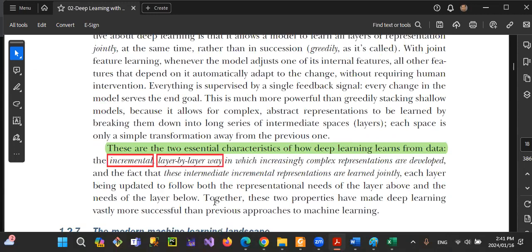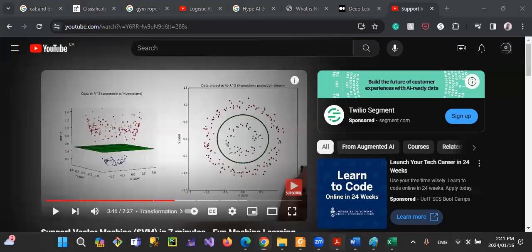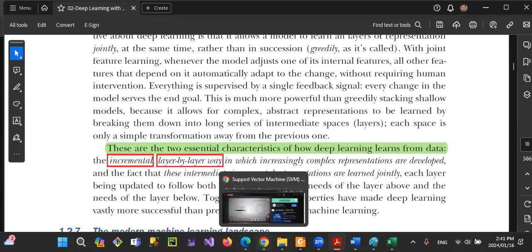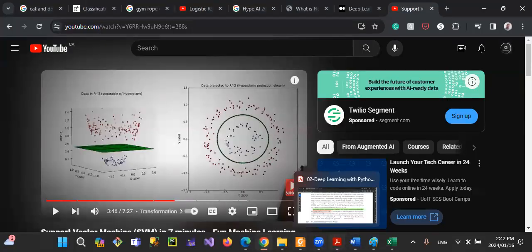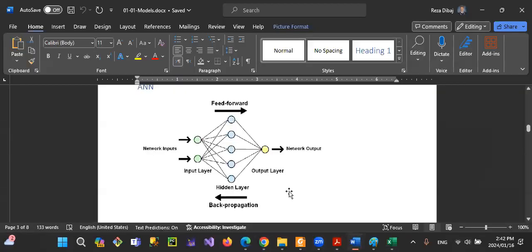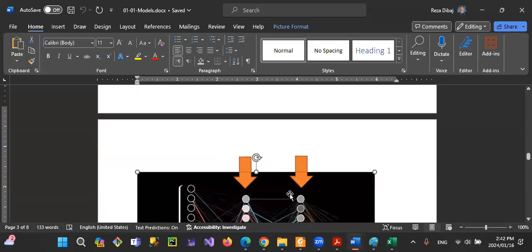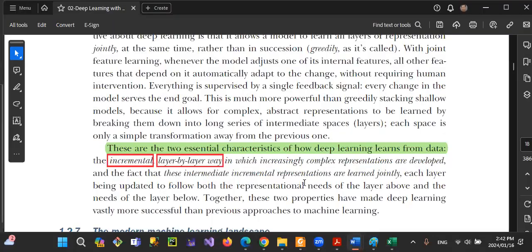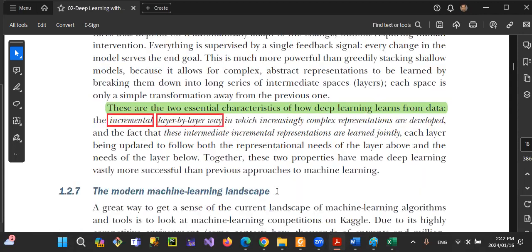I told you before, there are two things that we have. Do you remember the distillation process and the picture that I found for you before? It is layered, step-by-step, incremental layer by layer progress that we have, right?